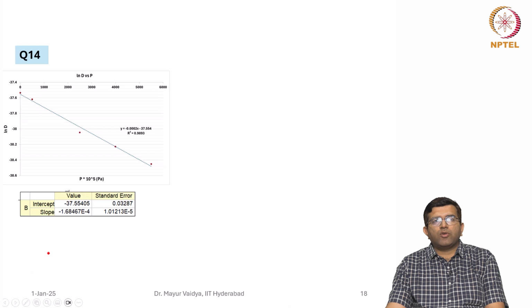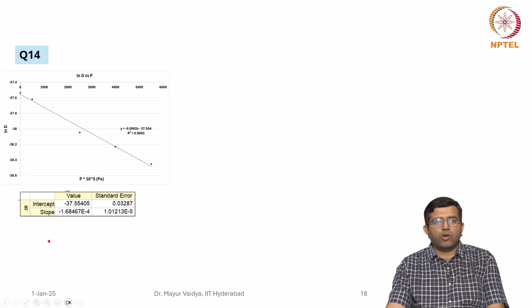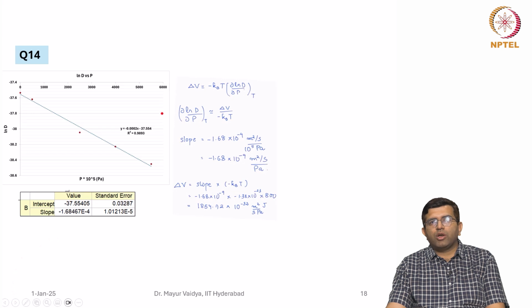The second part of the question concerns the pressure variation, because to find the activation volume, we are given to neglect the correlation effects. So, therefore, you can write delta V is equal to minus kBT into dou ln D by dou P at constant temperature.